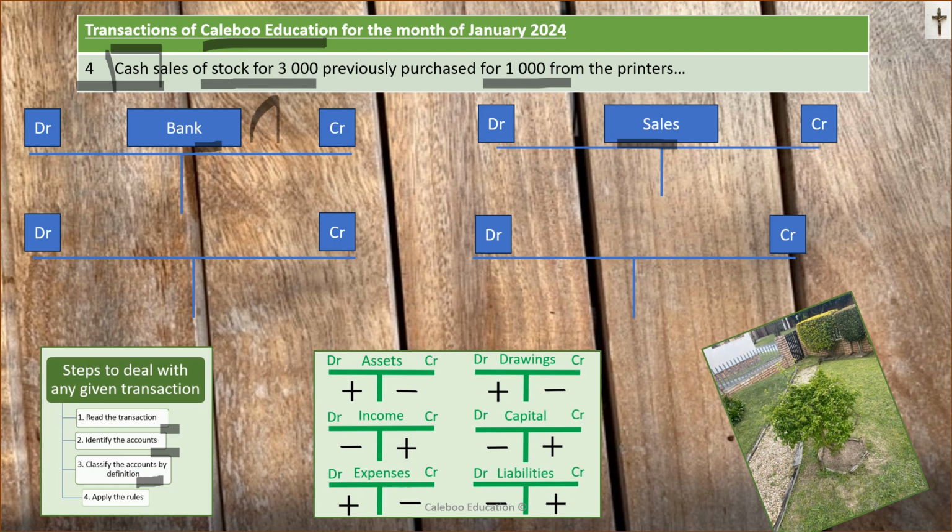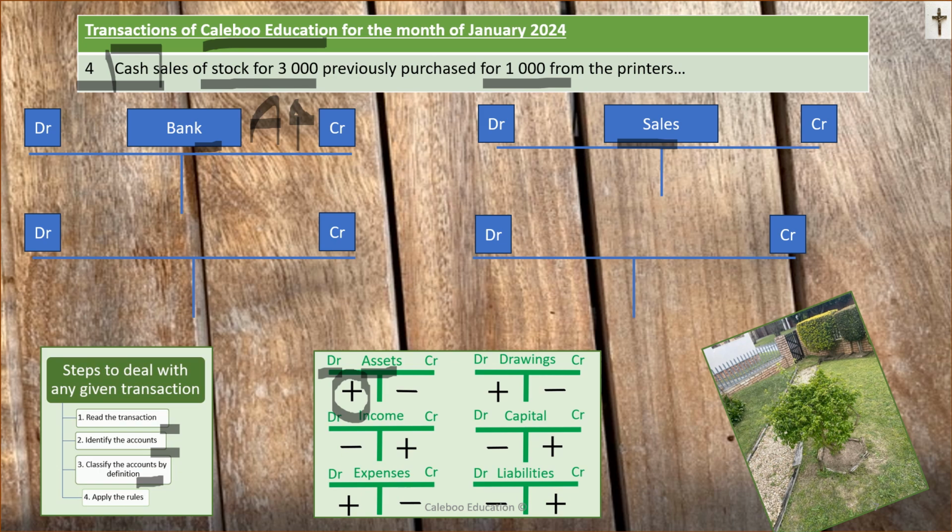Bank is an asset. This was a cash sale, so our asset value, our bank balance, has increased by 3,000. And if we look, bank is an asset. The rule says when there's an increase in the value of an asset, the account must be debited.